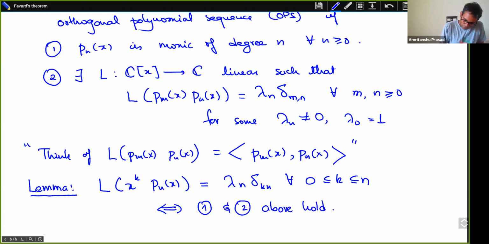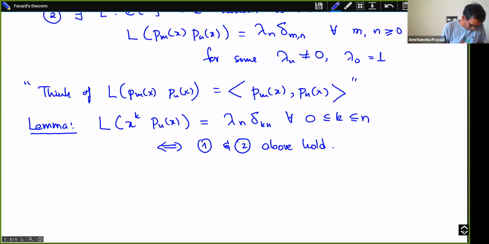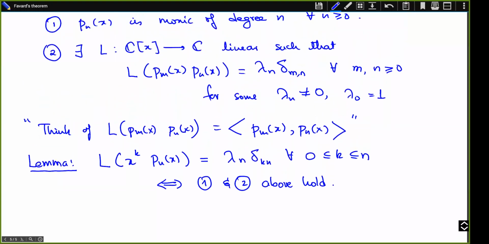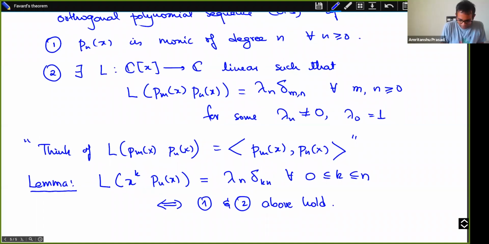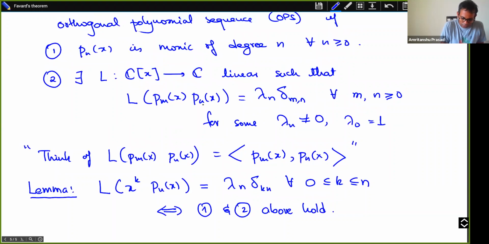So now the point is that these just have to hold for k less than or equal to n, so there are fewer conditions. So P_n(x) is orthogonal to all polynomials of degree less than n. But that is kind of clear here already, right?